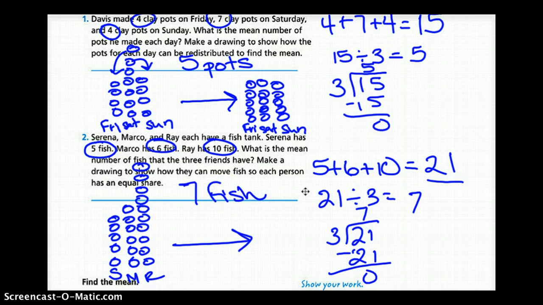That is the average number if they were to share equally. So my drawing would look like this. Serena, Marco, Ray, because this one would go here, this one would go here, and that one would also go there, so that they are even.